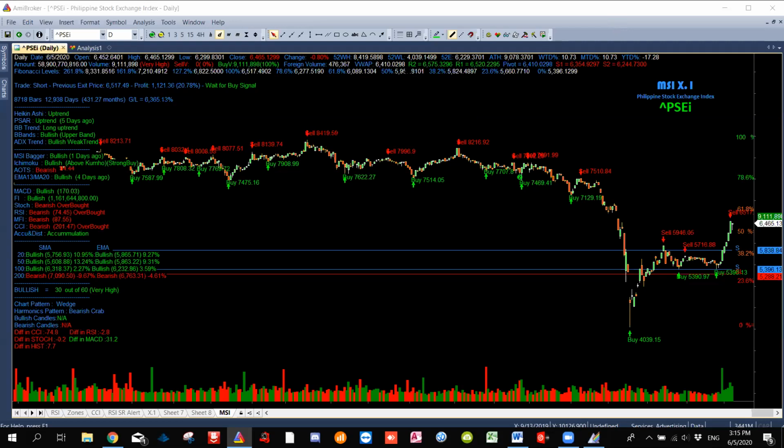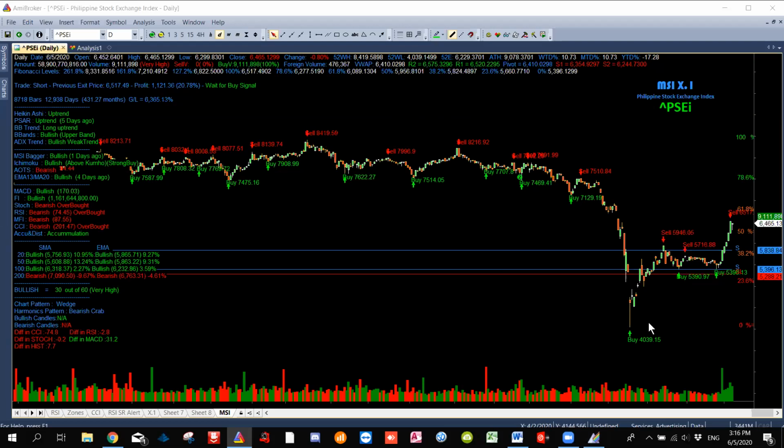Yung VWAP, dyan sila bumibili ng kanilang mga shares. So, as they would say, anything below the VWAP price is something that they buy. Kasi, ibig sabihin, yung mga, sabihin natin naipit doon sa price na yon, which is at 6,400, they would protect this, it's possible that they protect this stock kasi the price is trading low.